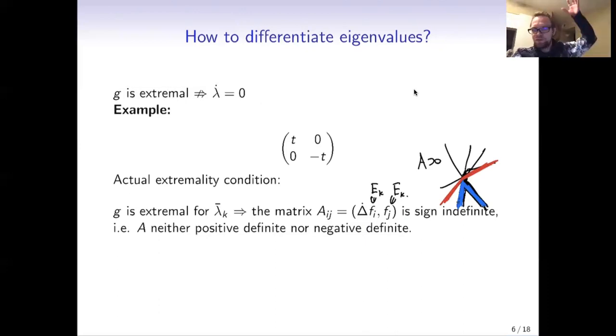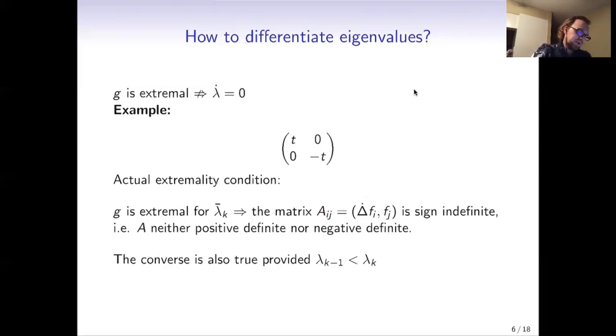So you need to have 2 positive and 2 negative eigenvalues. So if G is extremal, then A is sign indefinite. If additionally the previous eigenvalue is strictly less, then the converse is true: if A is sign indefinite, then G is extremal for lambda k.